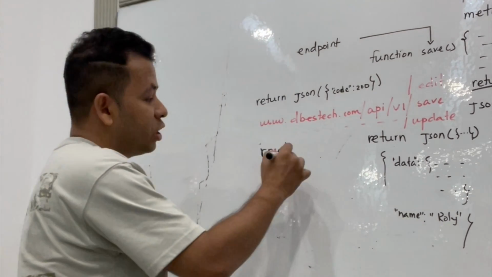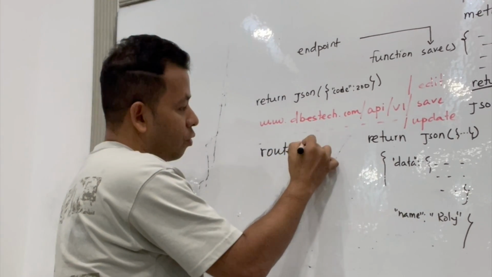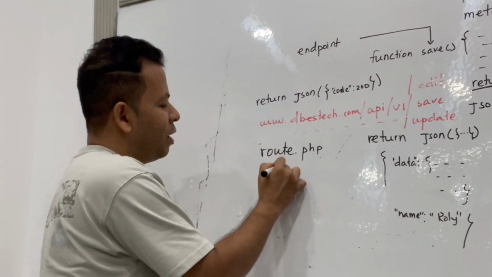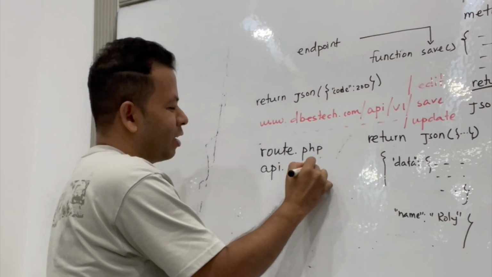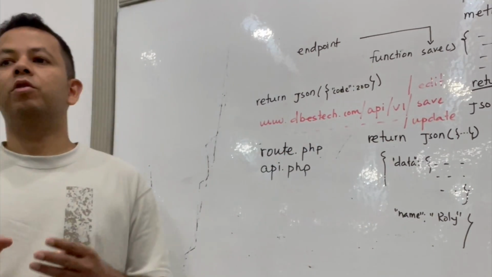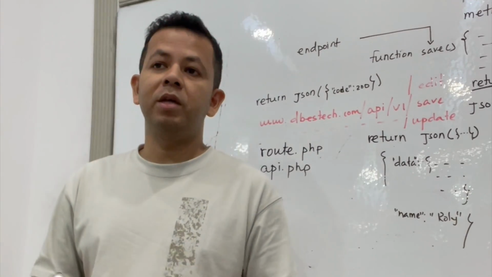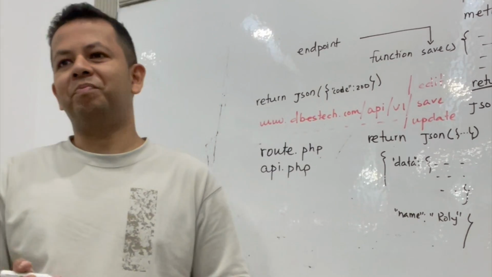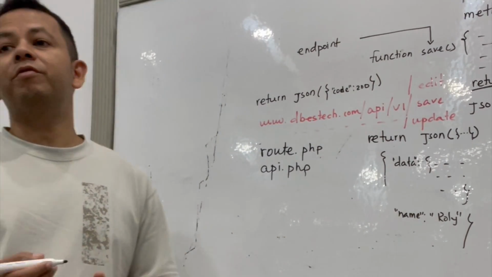If you use PHP, it would most probably be route.php. Or some of them also call it API.php. It's the same thing, just different names. There is PHP, there is Ruby, there is Java. They have different naming systems, but eventually they're the same thing.